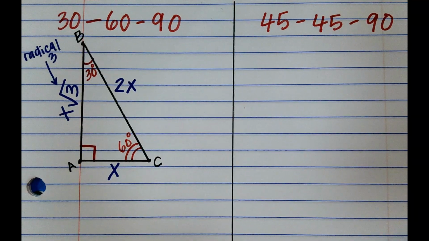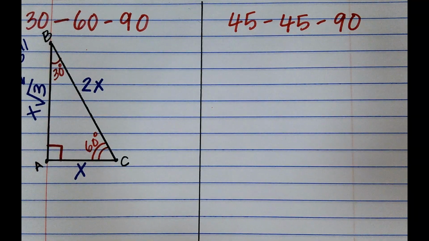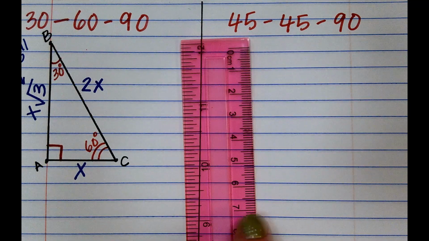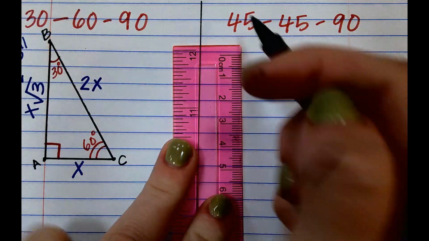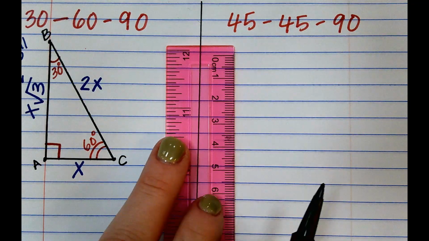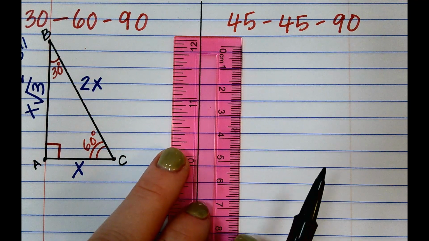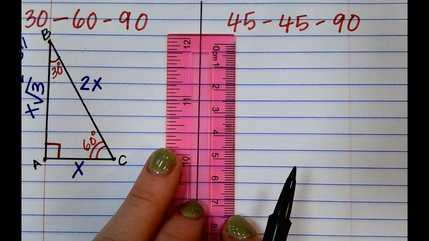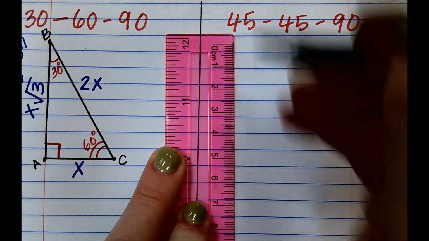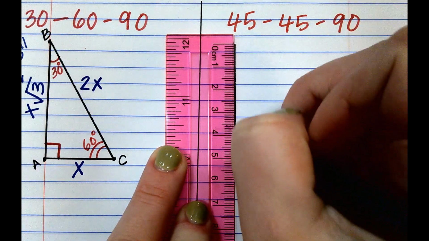Once you got that, now we're going to draw our 45, 45, 90 triangle. For this one, we have two angles that are the same. We're also going to have two sides that are the same. So my first side going straight up and down, make that one 5 centimeters.